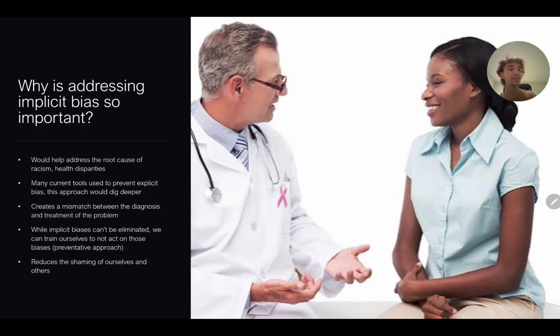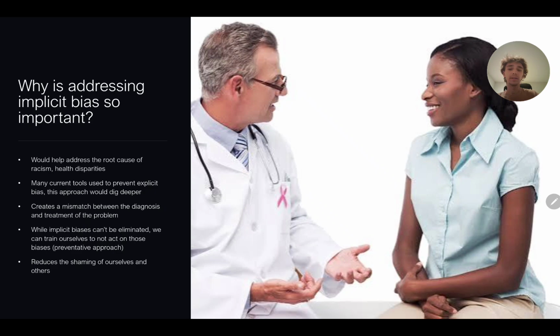And another reason why implicit bias is so important to solve is because currently many tools are used to prevent explicit bias, so basically preventing people from truly showing it. But this approach, once again, would dig deeper and look at ourselves from within.